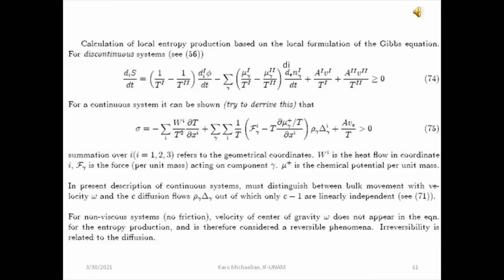Now the entropy production due to the flow of matter in this continuous system is just the second term of equation 75, which is the sum over all of the components gamma in the system which are diffusing.